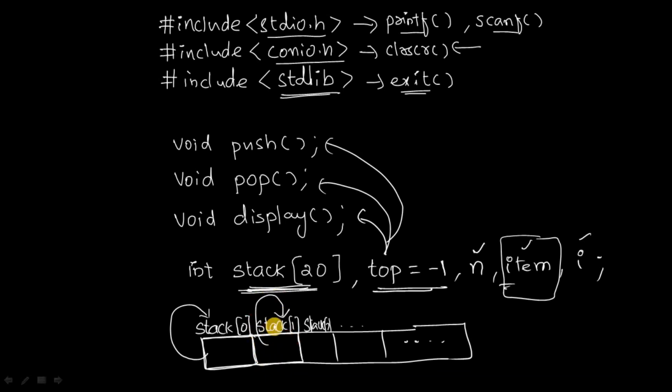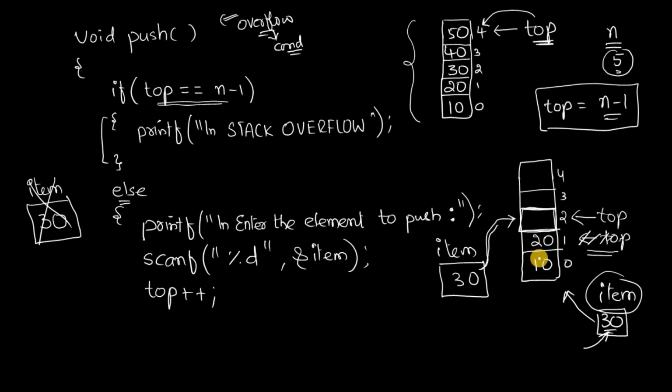So remember this, I am going to use it in the program. This is stack of 0, this is stack of 1 and this is stack of 2. So this box is identified by stack of 2. In this box I have to store 30.